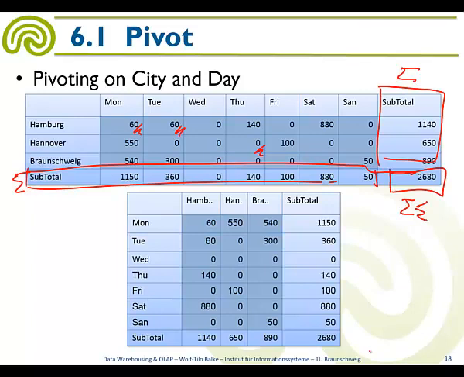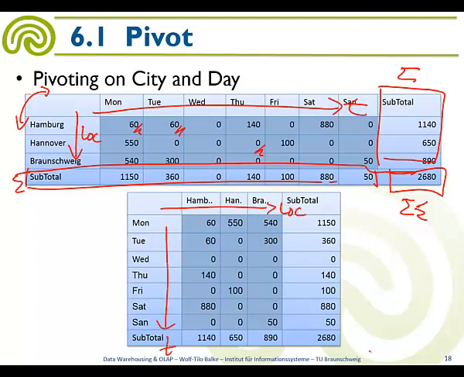And now you might be interested in showing it in a different way. So you say pivot, and what pivot does is it rotates those two axes. So you had the time axis here, you had the location axis here, now you have the location axis here, and the time axis here.